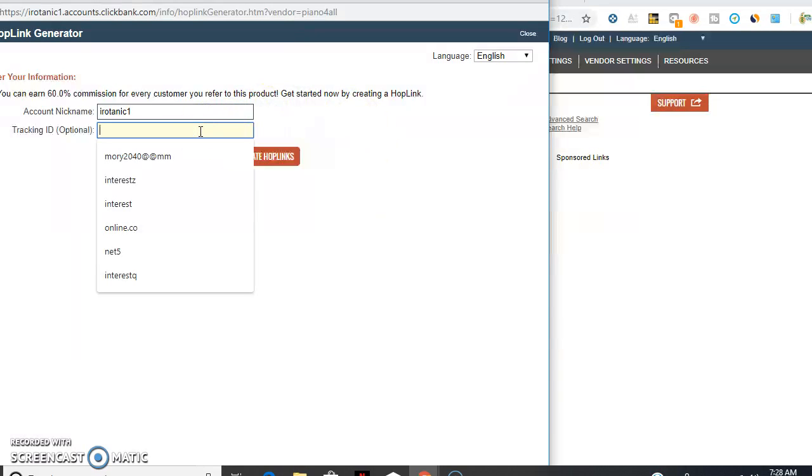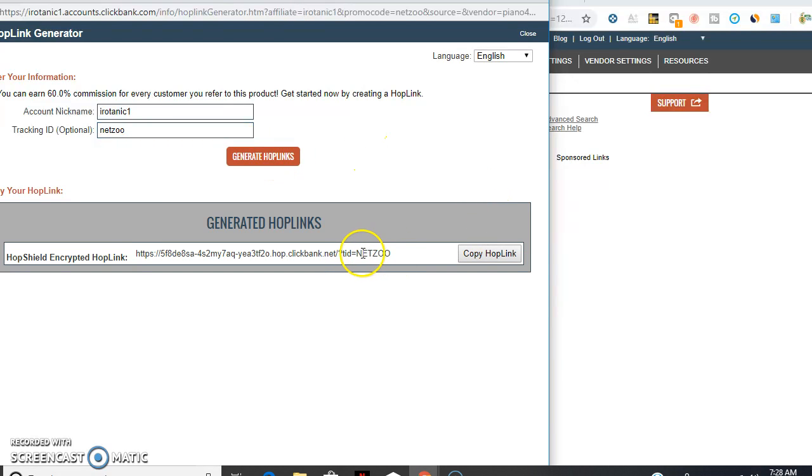I just put some, for example, netzoo. This is, for example, my tracking ID. Once this word comes up, you can see this is the word coming up on the link.